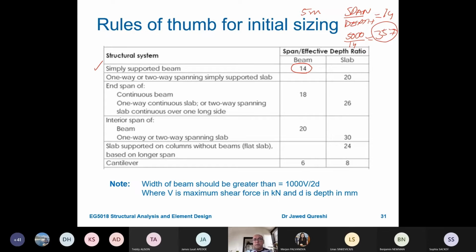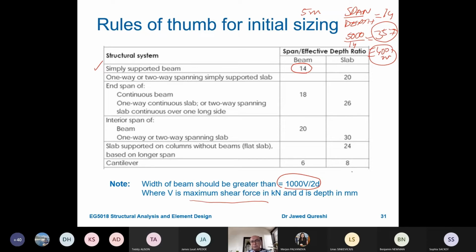From here you can work out the depth of the beam, and then you can say the depth has to be slightly higher. You could assume it to be 400 millimeters, and the width of the beam should be greater than 1000 V over 2D. V is the maximum shear force.